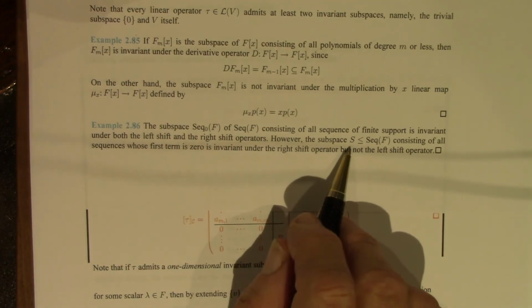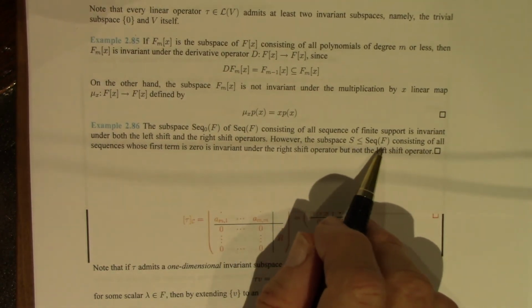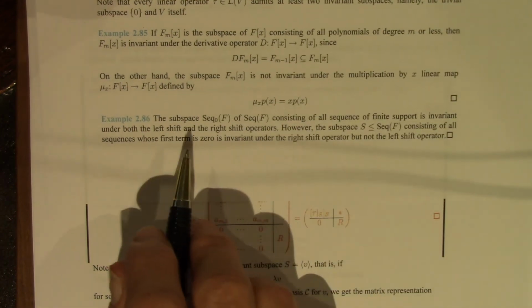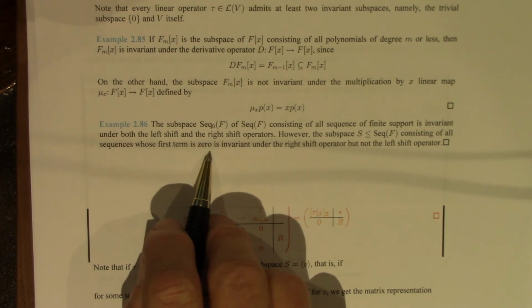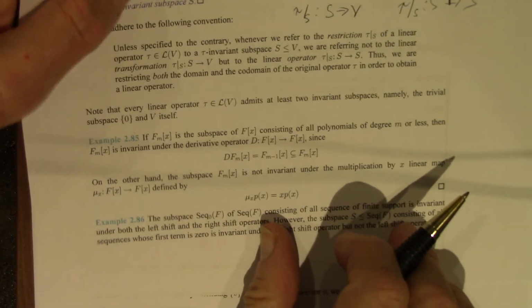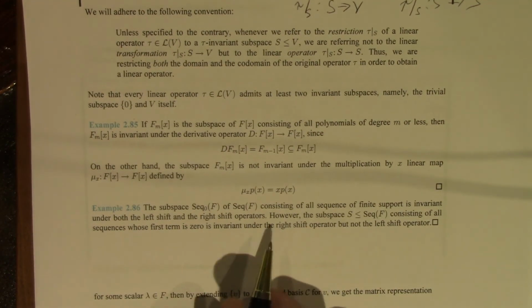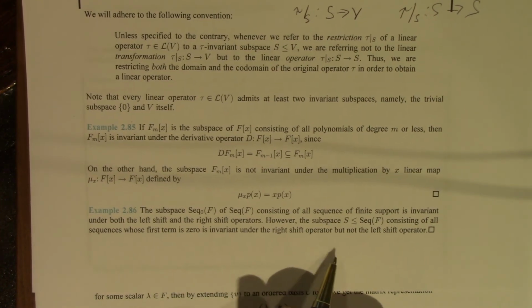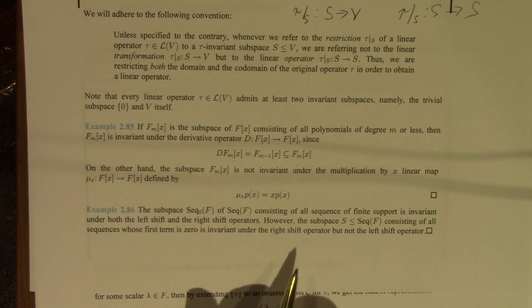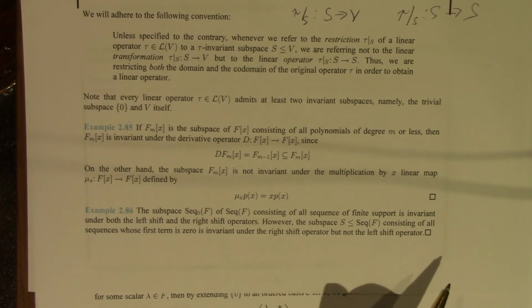But the subspace S of the sequence space, consisting of all sequences whose first term is 0, that is a subspace, is invariant under the right shift operator, but not under the left shift operator.